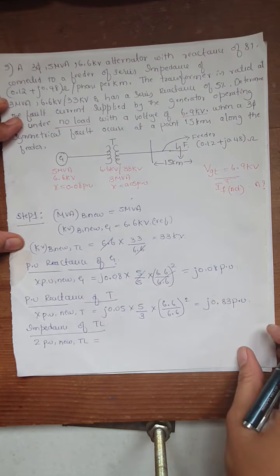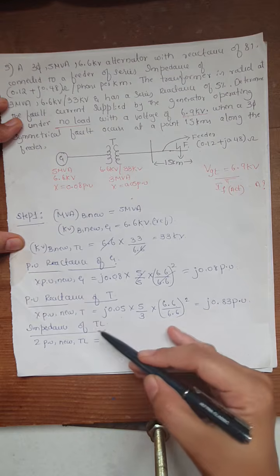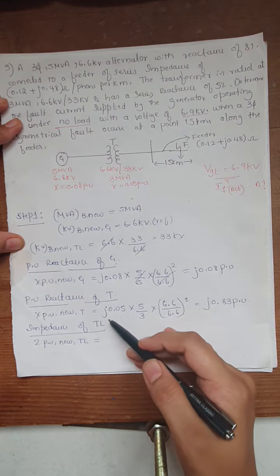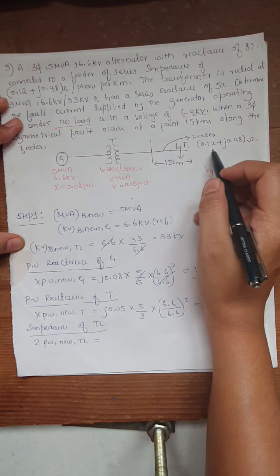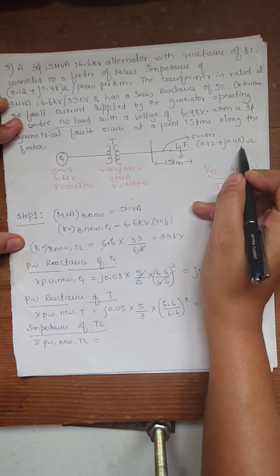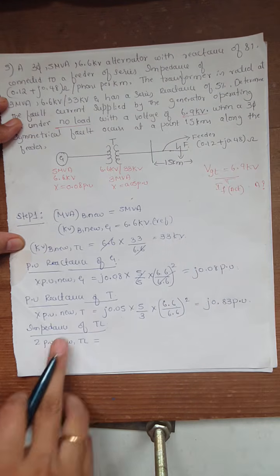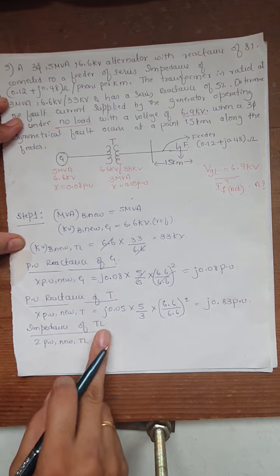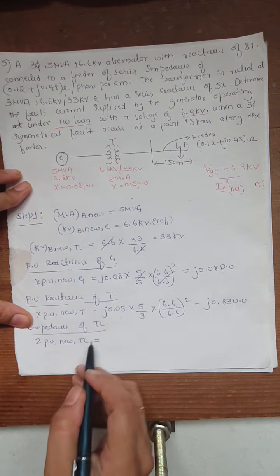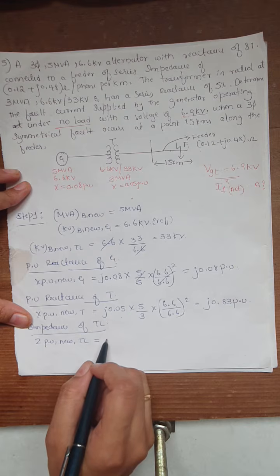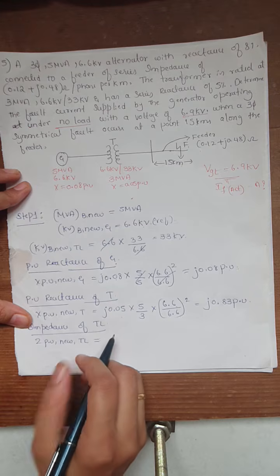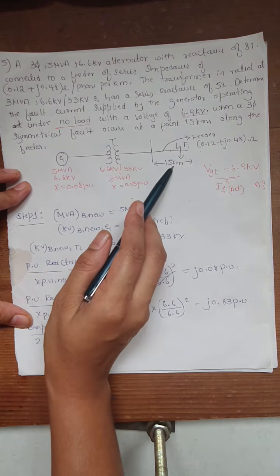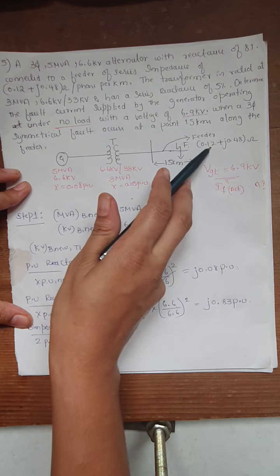Next we are going to calculate the impedance of the transmission line. I say impedance because the rating of the transmission line or the feeder is given as R + jX, so that is why I have written the per unit impedance of the transmission line. Now you know the formula: Z in ohm multiplied by MVA base new divided by kilovolt base squared new. But here the distance also needs to be considered along with the given impedance.